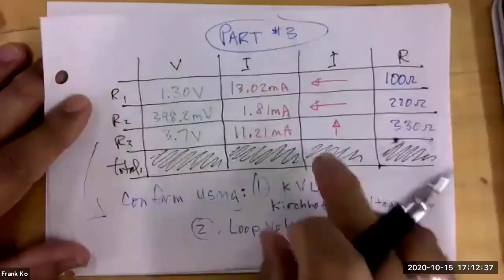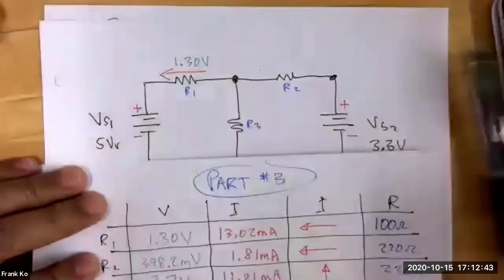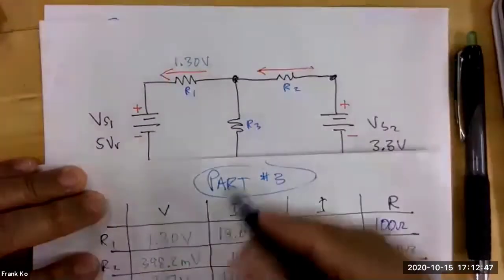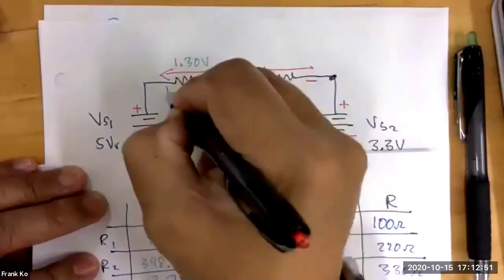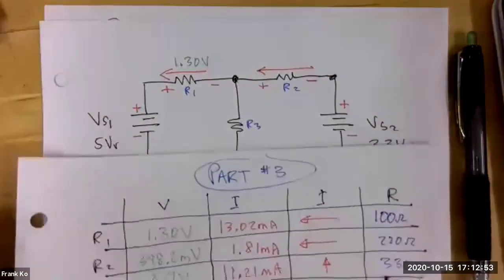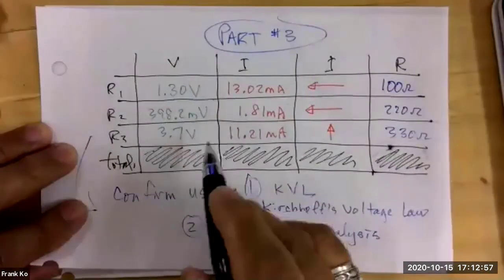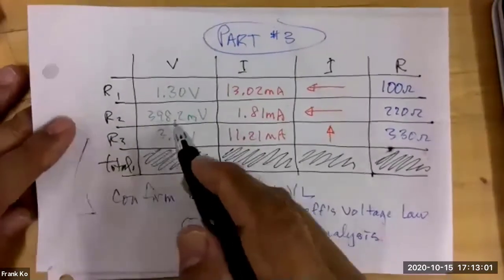Take a look at R2. R2 has a final direction, and it says it flows to the left. I will draw the arrow to the left, like so, which means this side is negative, this side is positive. And what was my value of voltage? My value of voltage was 398.2.